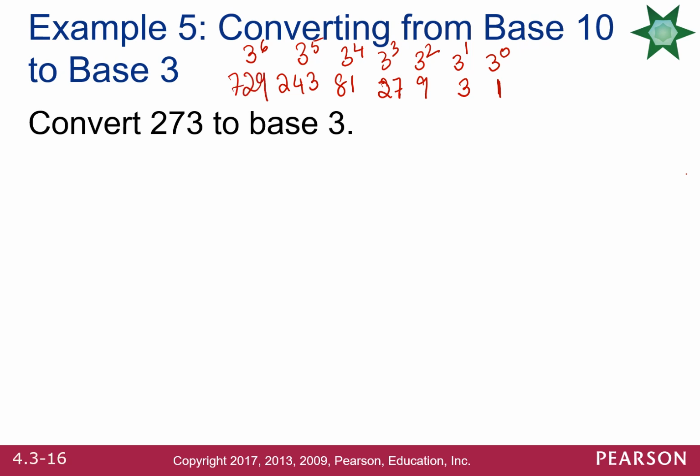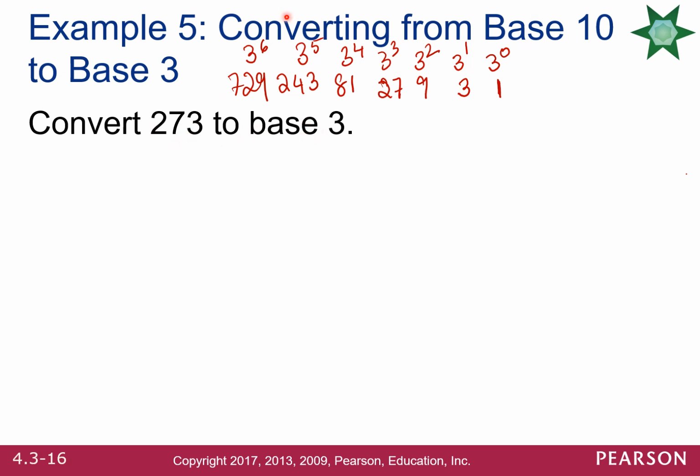All right. Now we clearly see that 243, this positional value in the sixth digit, right? That 6-digit value is 243. That's the value which is closest to 273, but not greater than it.